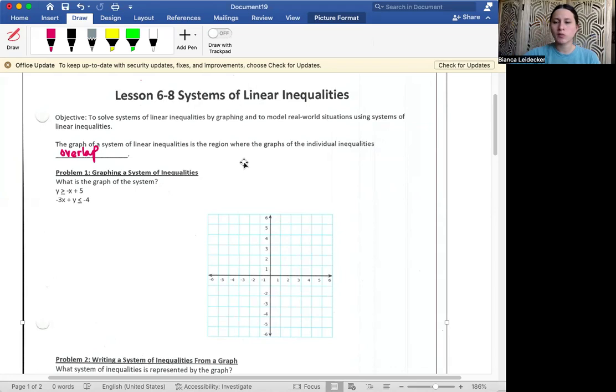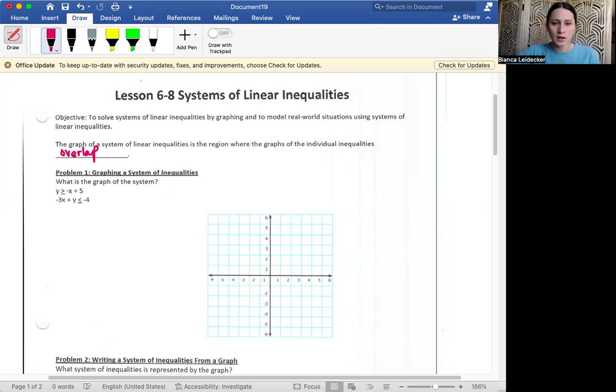Basically, we have a system of inequalities, meaning two or more inequalities. We're going to look at what this looks like when we graph and how to find the part in which the systems are overlapping or connected and related.